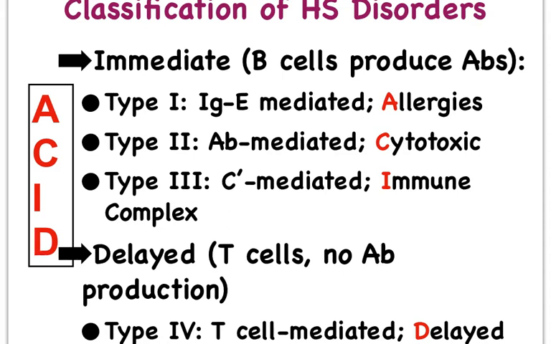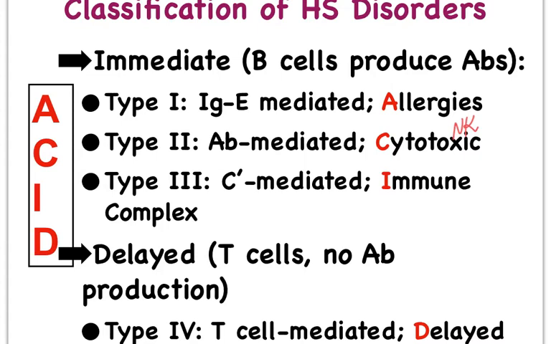Some people like the acronym ACID. I listed it here because in the type 1 type of hypersensitivity, that's where the allergies belong. Type 2 involves your cytotoxic reaction. Particularly, we're going to see that one of the subcategories uses the natural killer cells. That's where that cytotoxic comes from.